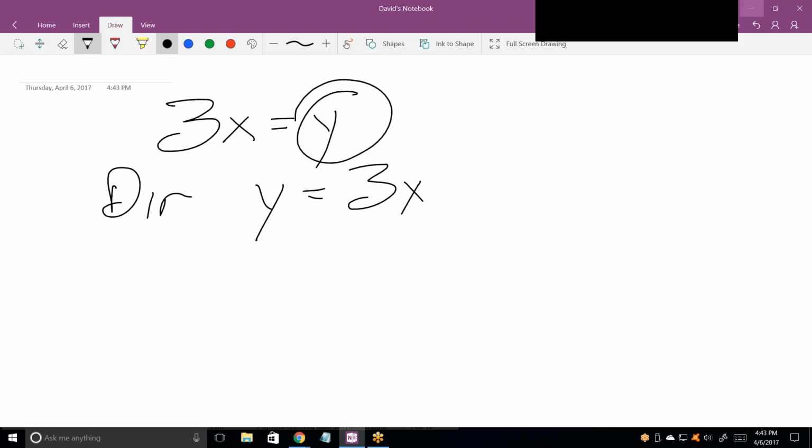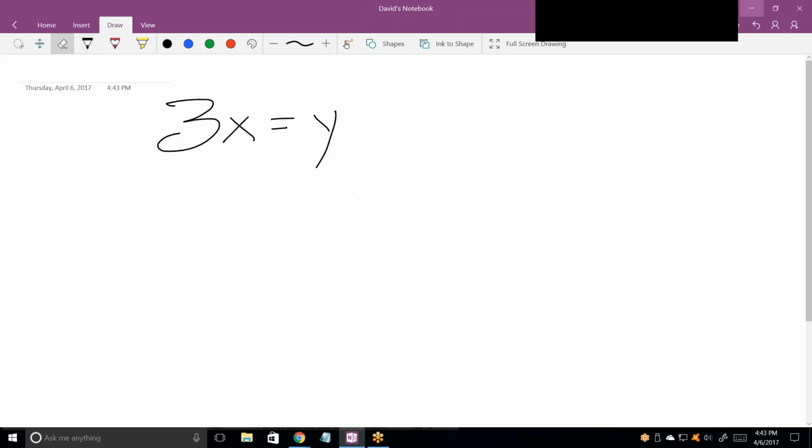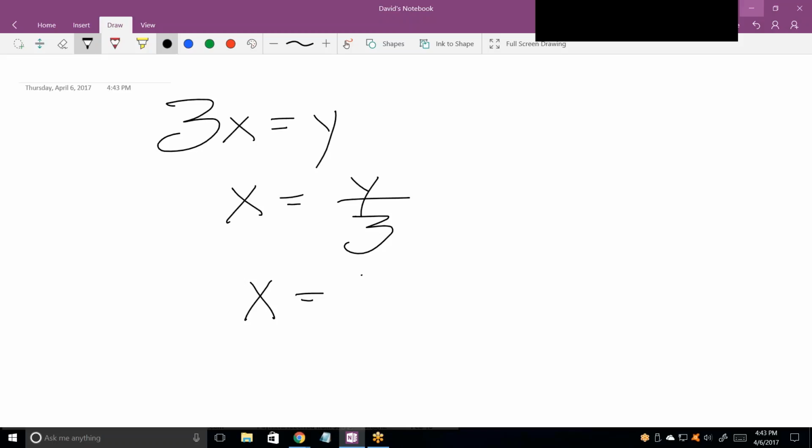Now, it is also true that I can divide both sides by 3 if I wanted. And now I got x equals 1/3 times y.